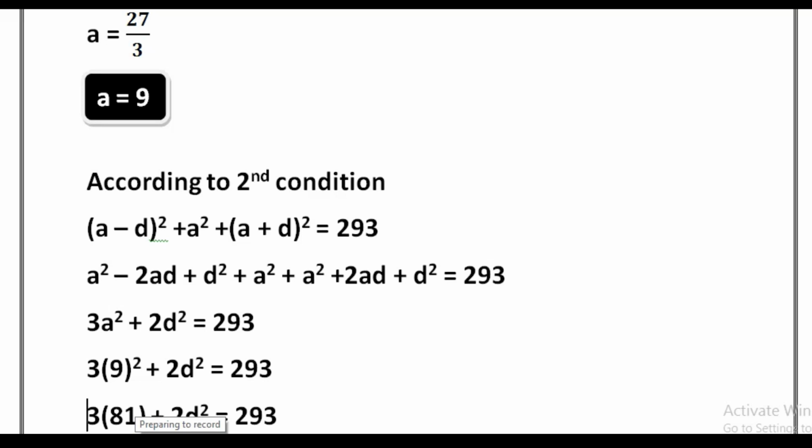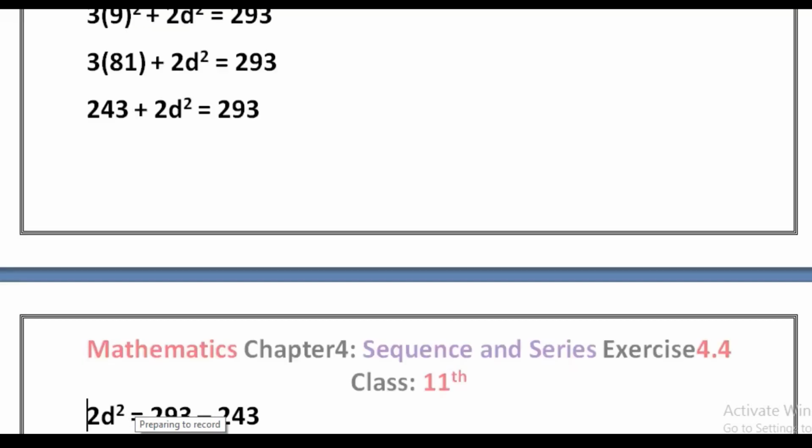So the value of a is 9. 3 into 9 whole square plus 2d square is equal to 293. 9 square is 81, so 3 multiplied by 81 is 243, plus 2d square is equal to 293.